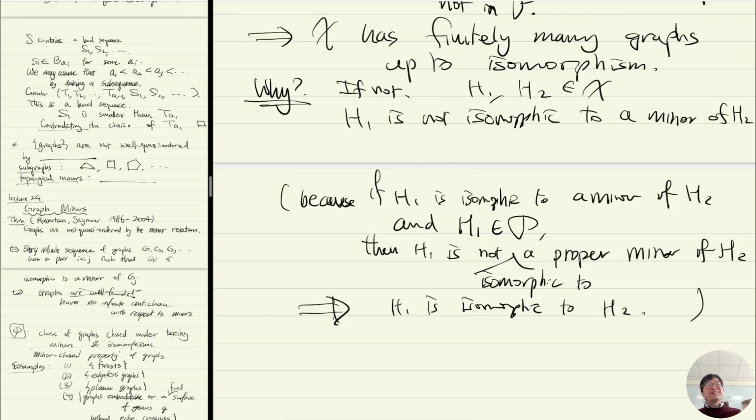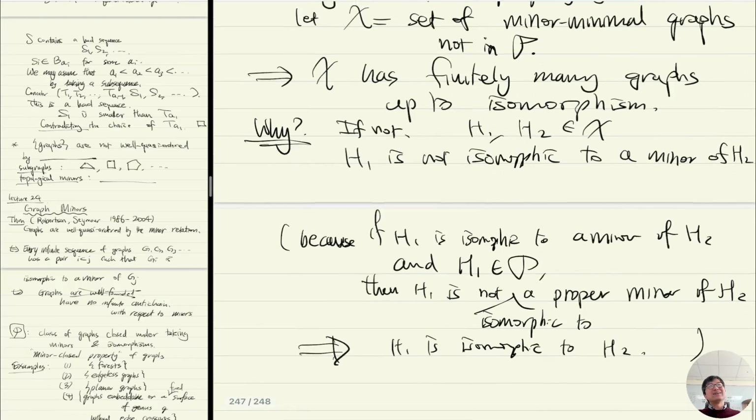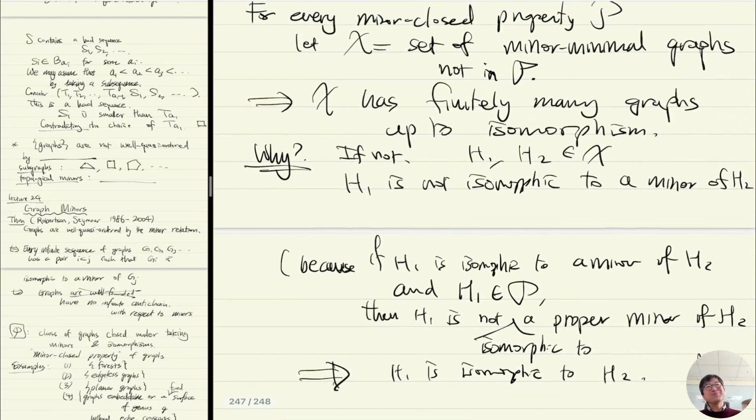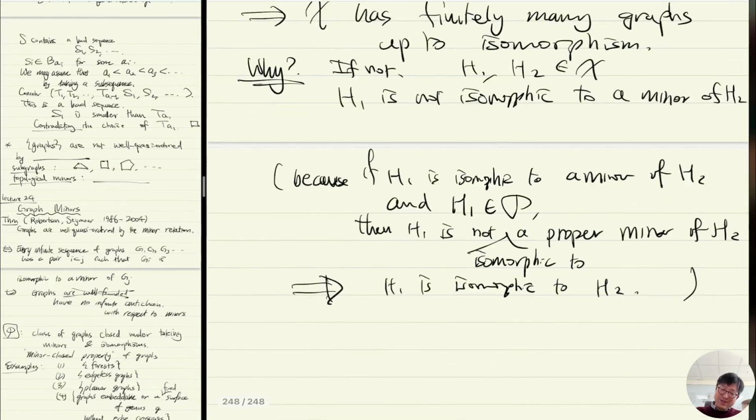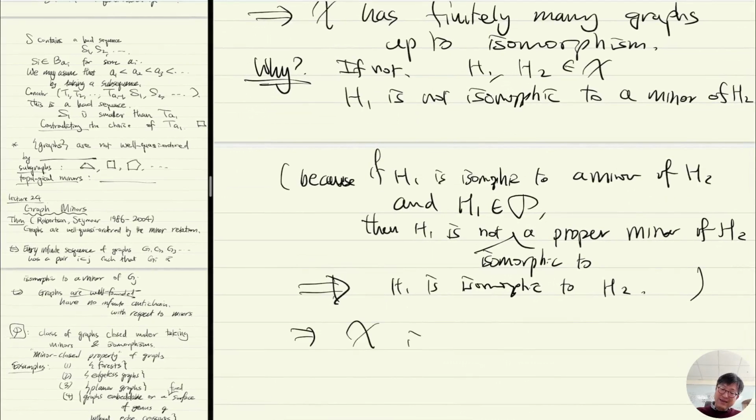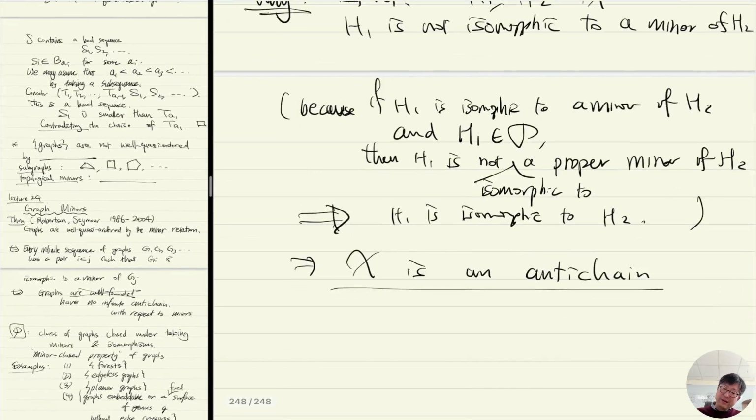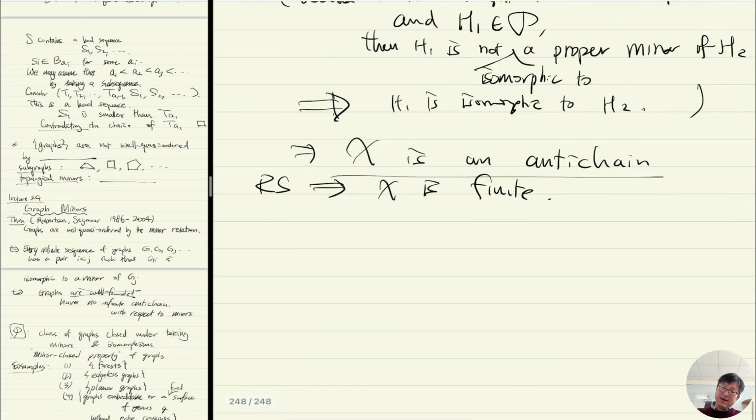Because for each of the graphs in this set of minor-minimal graphs not in P, none of them is isomorphic to a minor of another. So in other words, X is an antichain, right? And the Robertson-Seymour theorem states that this is finite. So therefore, here's a corollary.